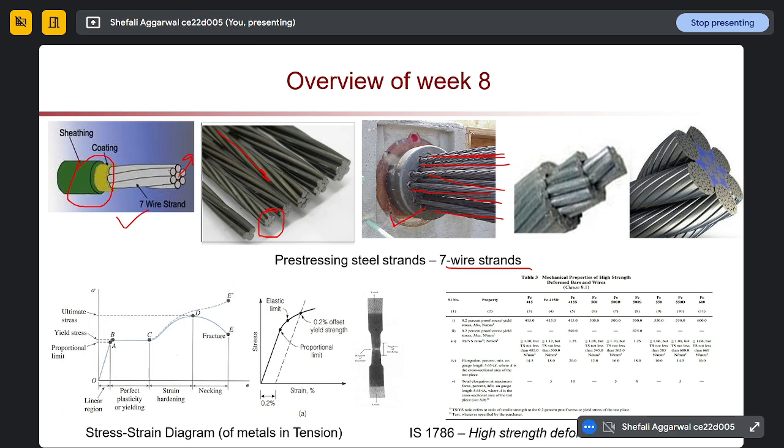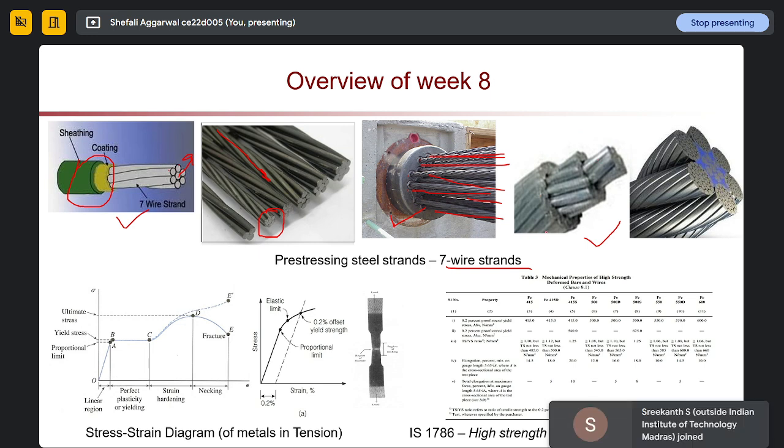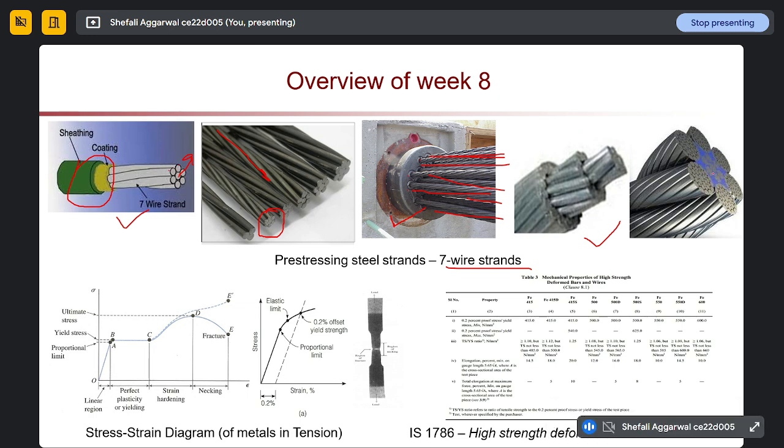pre-stressing steel strand. There are other different types of strands based on the application where you want to use it, or how heavy your work is. A few examples are like this: we have a strand, then in between there is another strand, and it is a combination of different pre-stressing steel strands combined to form another strand. So based on how you want to use it, you can have different types of strands.